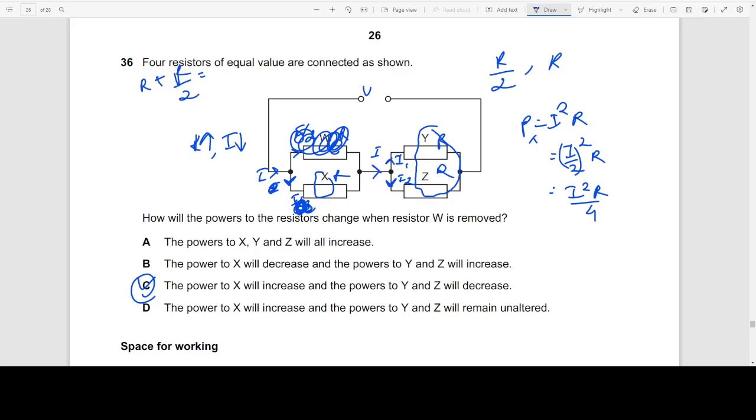Yes, 3R upon 2. So the total current is, initially the total current was V upon R. Now it's I equals V upon 3R upon 2, which is 2 upon 3 V upon R. So total current has decreased by 2 upon 3. Correct.